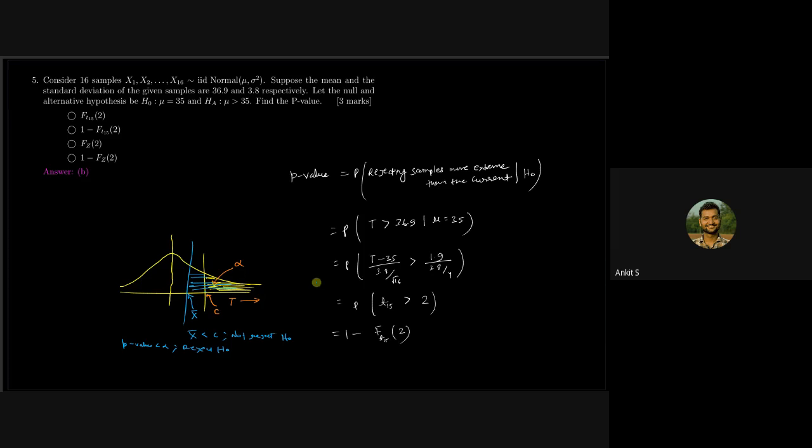Then we have one more problem. Here we have to find the p value. The p value is simply the probability of getting samples more extreme than the current one. Suppose there is some experiment, and you got some result which is very, very rare. Then you can be doubtful about whether your experiment was good or not.